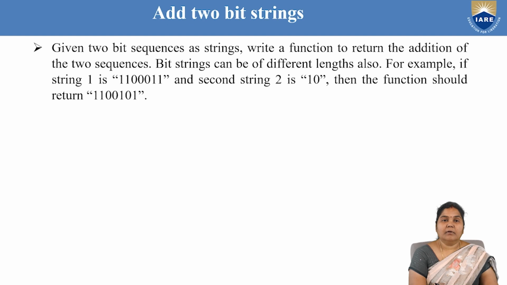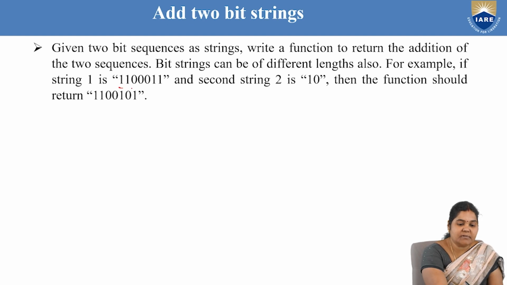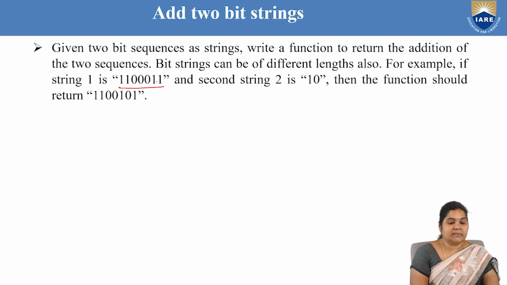Now, given 2-bit sequences as strings, you have to write a function to return the addition of these two sequences. Normally a bit string may be of different length. For example, suppose our string 1 is 11000011, 7 bits length, and string 2 is only 10.